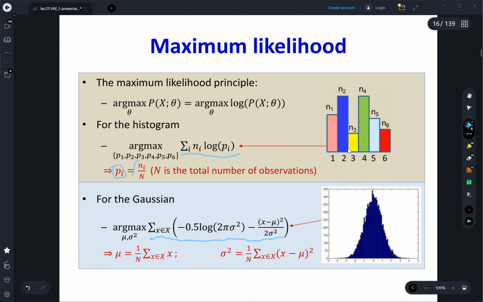So the formula that you just gave me, which is the proportion of the number of times any particular outcome was observed to the total number of observations, is actually just a maximum likelihood estimation. Also, if you maximized this term with respect to mu and sigma squared, you would find that the mean of the Gaussian is simply going to be the mean of the data, and the variance of the Gaussian sigma squared is simply going to be the variance of your data.